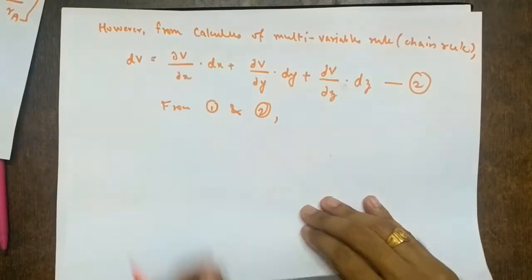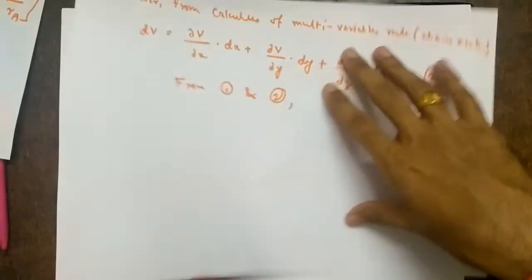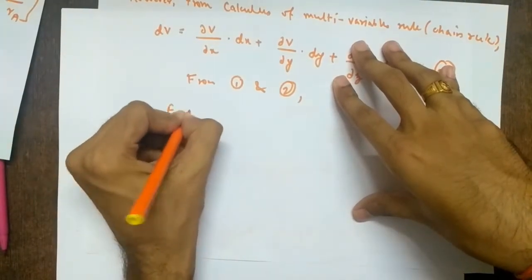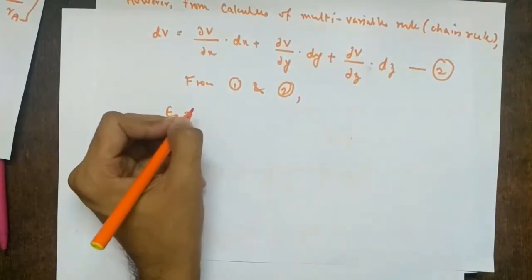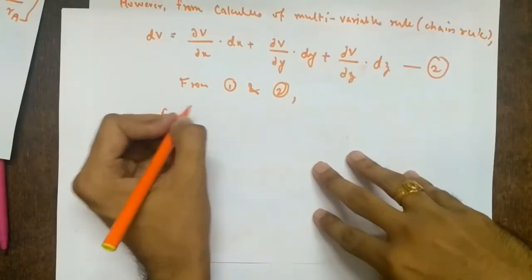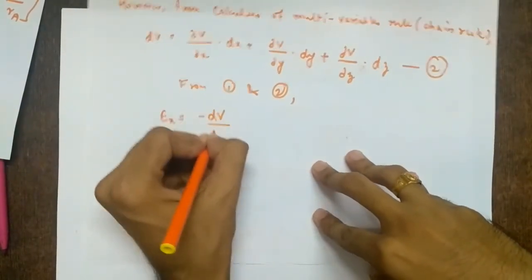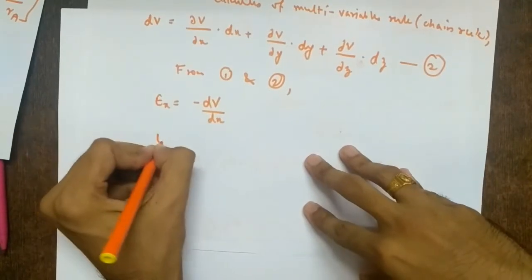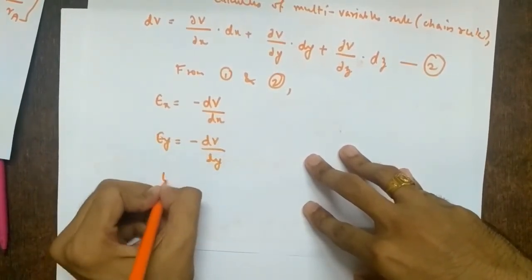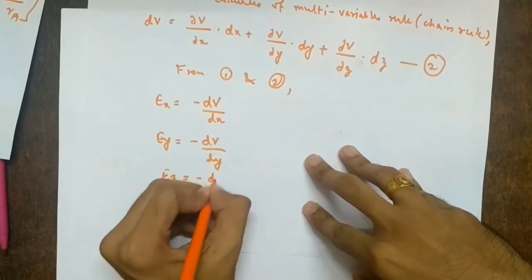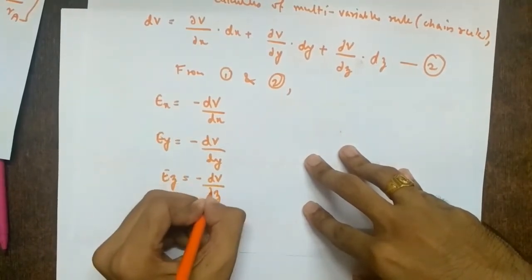So can I say Ex is minus del V by del x? We have only one variable expression, so we can replace it by the complete derivative, right? Similarly, Ey will be minus dV by dy. Ez will be minus dV by dz.